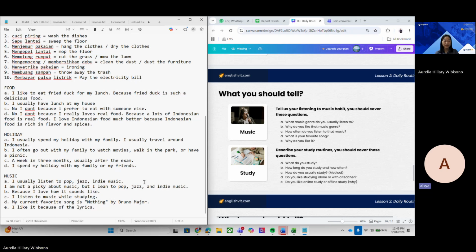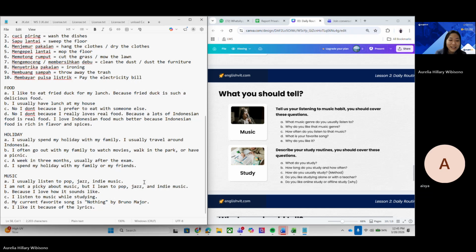Kalau indie music ya kan juga siapa ya? Indie music itu kayak contohnya, for the example, indie. Wait, let me think about it. Cleo, or yeah, Cleo. Liro.